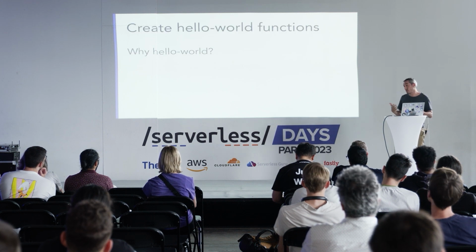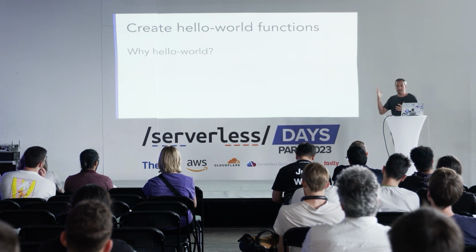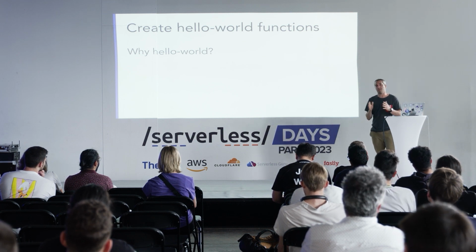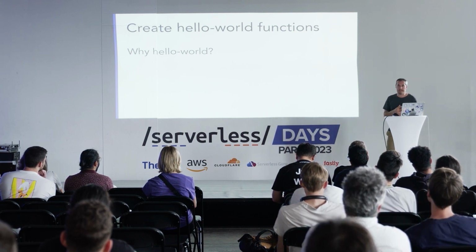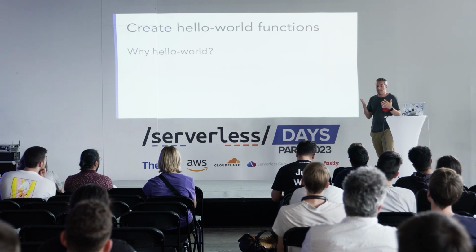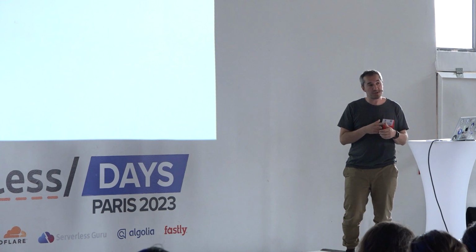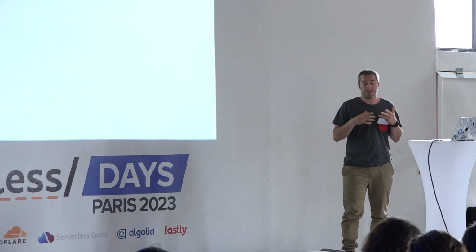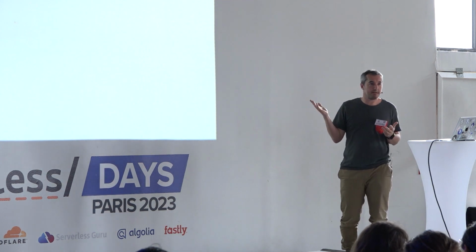So first, we need to create a function. And for the benchmark to be as honest as possible, I chose to do only hello world. So there are no external dependencies. If you're using AWS supported runtimes, such as Node.js, Python, Ruby, you don't need any dependency to write a hello world.